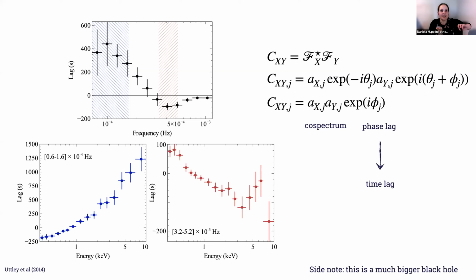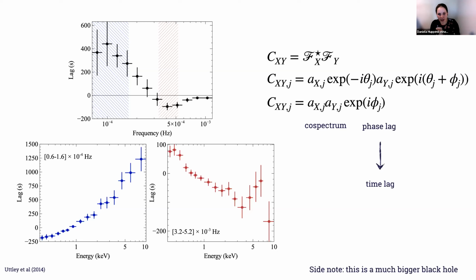On the left-hand side is what the lag as a function of wavelength looks like for the blue shaded region at the top. And then on the right, you can see the same for the red shaded region, and they look very different. That tells us that these positive lags and negative lags probably come from different processes.